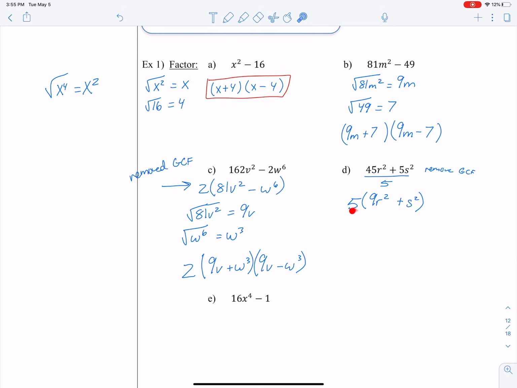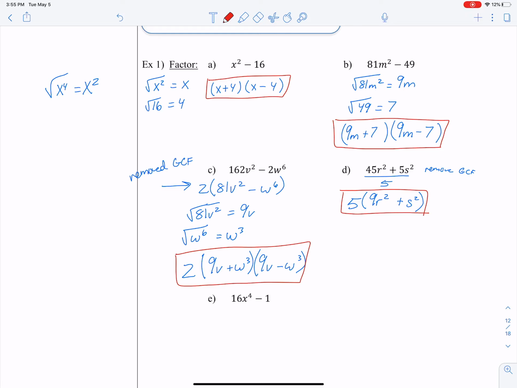You can't go further than just taking out a greatest common factor. So in this case, this is your final answer. All right, I didn't circle these. That's our final answer. That's our final answer. So that's it.